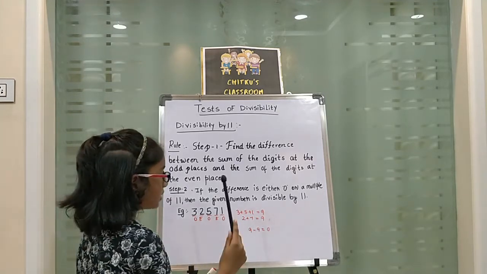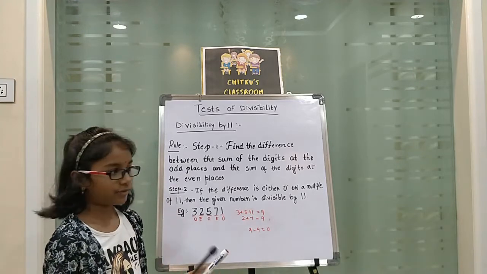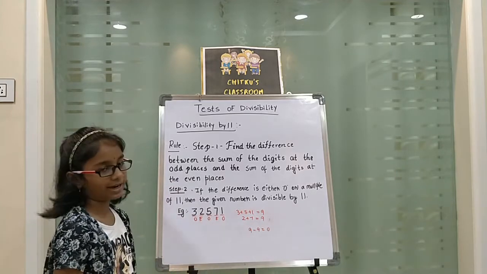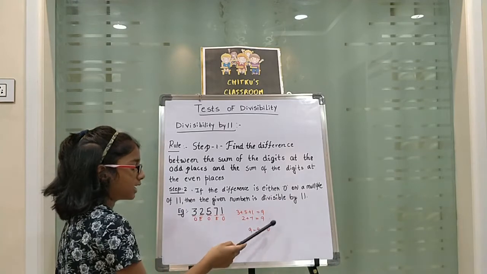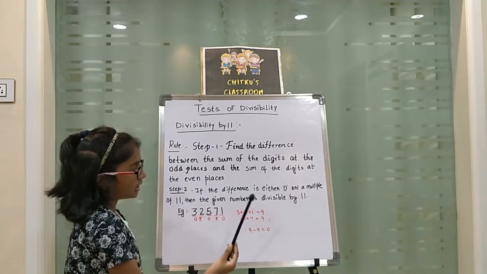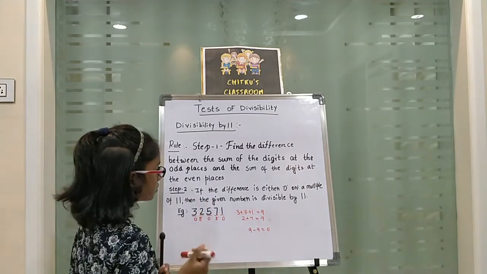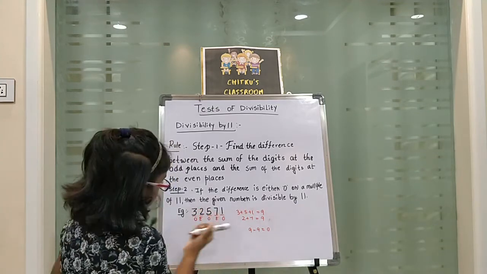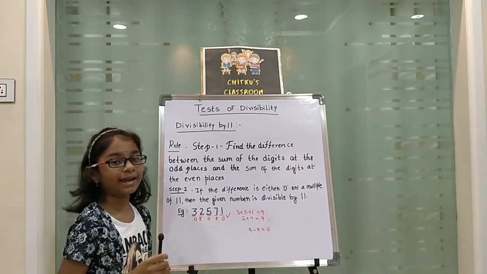So if we get 22 or 33 or 44 as the difference, that is also divisible by 11. So if we get 0 or a multiple of 11, the whole number is divisible by 11. We got 0, so 32,571 is divisible by 11. So that's how we check if a number is divisible by 11 or not.